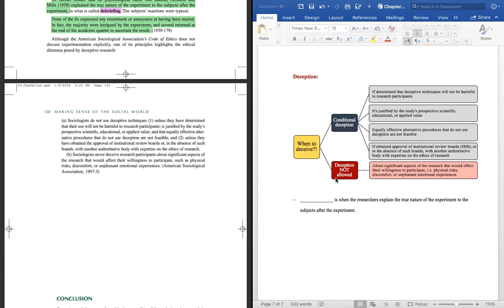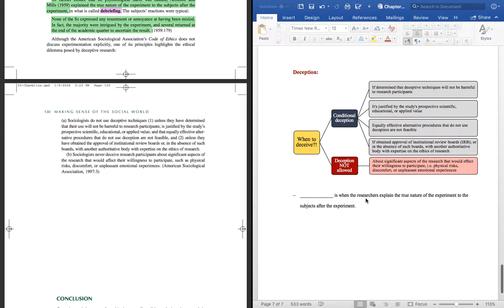And then sometimes we should absolutely not deceive our participants. We should not deceive our participants when the experiment is about significant aspects of the research that would affect the participants' willingness to participate. For example, we should not ever hide or lie about the physical risks of the treatment or the study or any discomfort associated with the study, unpleasant emotional experiences that participants might experience.